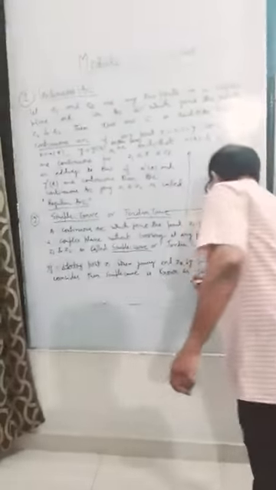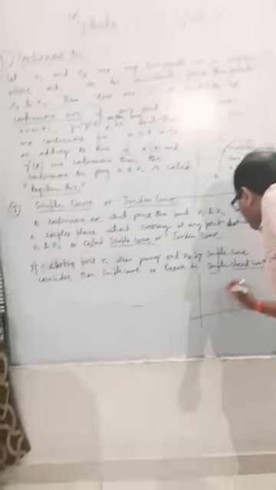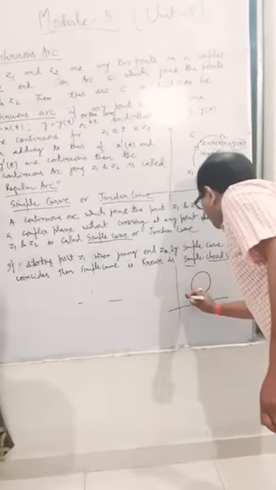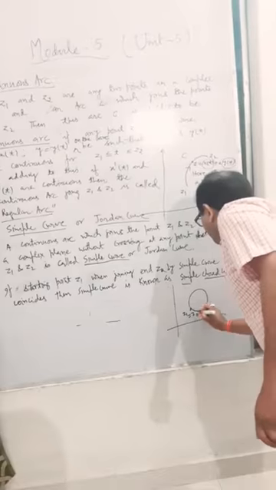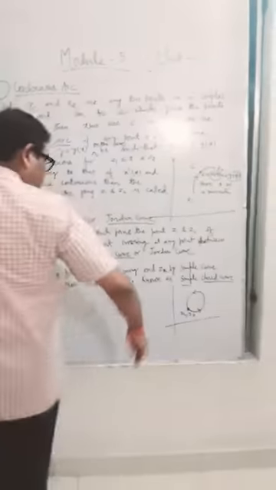Here is Z1, here is Z2, and they coincide, so here is Z1 as well as Z2. So this is a simple closed curve, we can say.